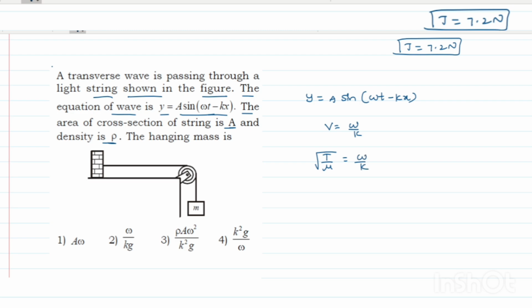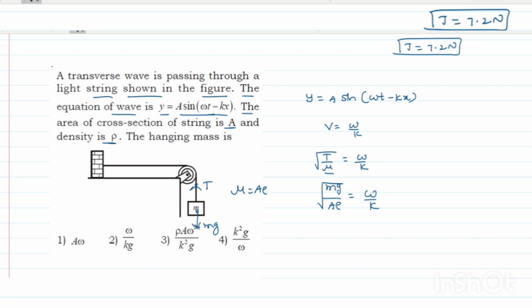In this case the tensional force is supported by the weight of the body, mg. So it is root of mg by mu, where mu is the linear mass density. In terms of the area, the linear mass density can be written as a into rho. So replacing mu with a into rho under the root, this equals omega by k.